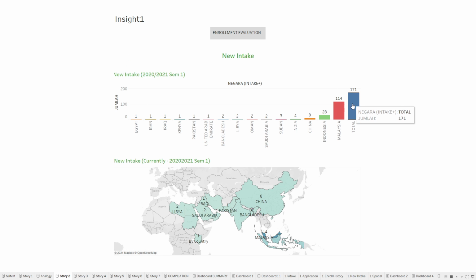It has been said that in the current situation, the total enrollment for Malaysian students is 180,114. I think it is the most compared to the others. And the best thing is that Indonesia is increasing by 28 compared to before.